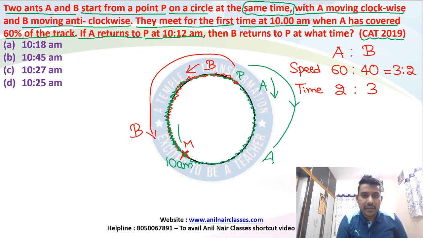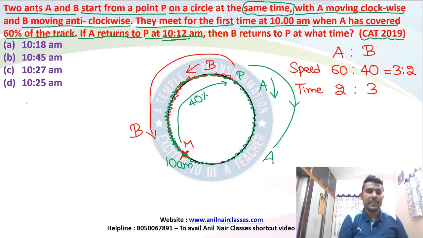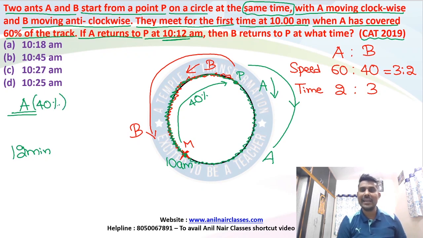The meeting point is 10 o'clock, and it will once again reach point P at 10:12 a.m. That means from 10 o'clock to 10:12 a.m. it has covered 40%. That means A has taken 12 minutes to cover 40% of distance, right?